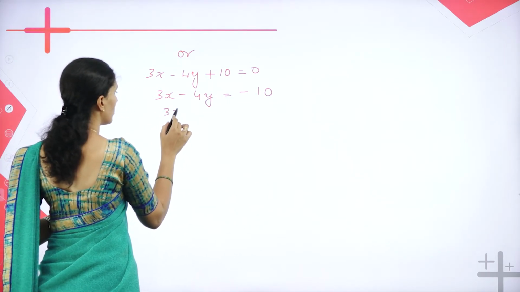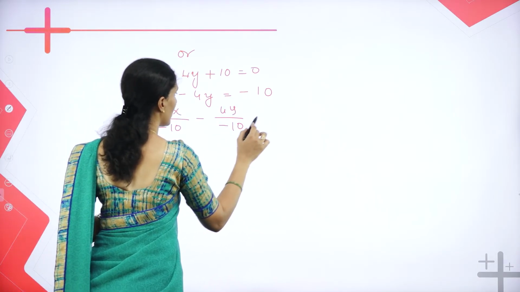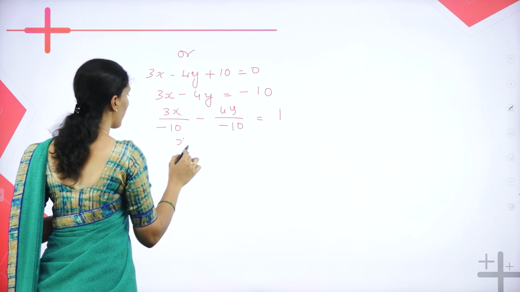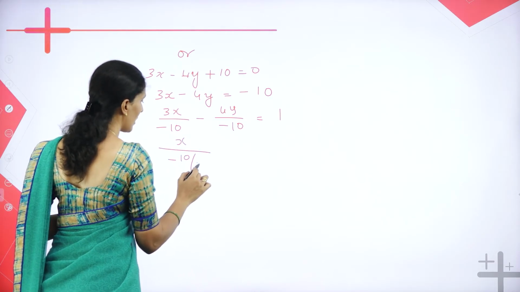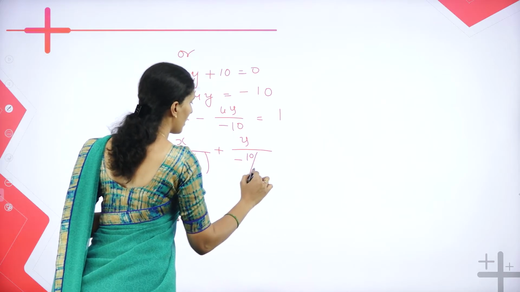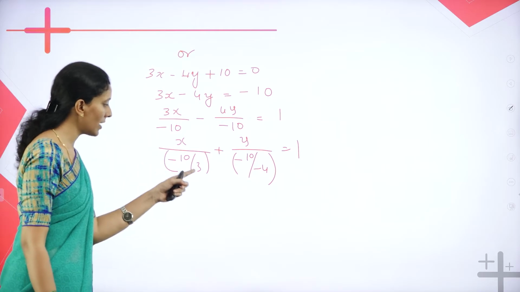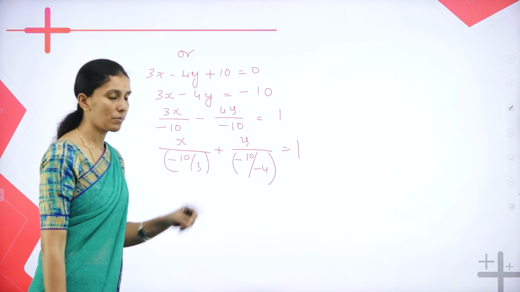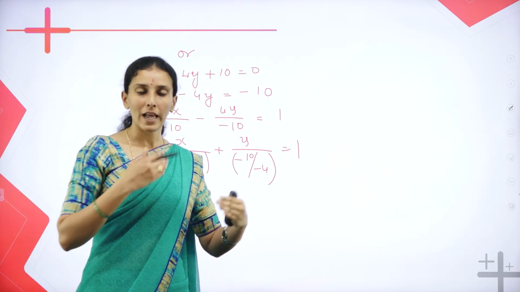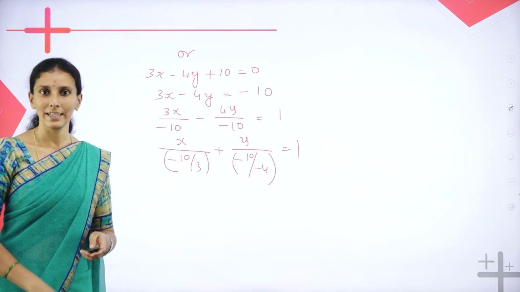So it is 3x by minus 10 minus 4y by minus 10 is equal to 1. Or you can write it as x by minus 10 by 3 plus y by minus 10 by minus 4 is equal to 1. So the value of a is minus 10 by 3, the value of b is minus 10 by minus 4. You can either convert or directly find the x and y-intercepts.